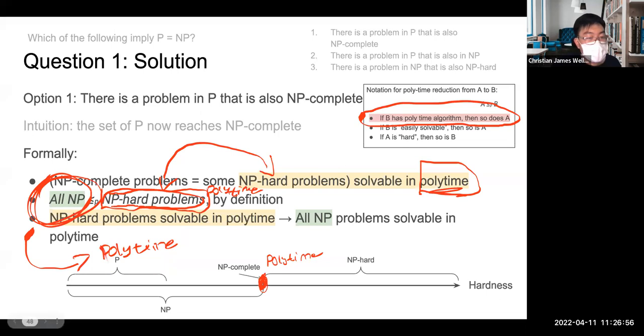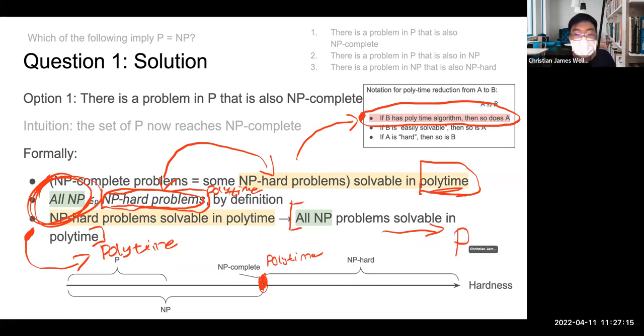If the last statement is confusing, it's just copy pasting this exact statement over here. Just piece things together. What is B? What is A? So now all the NP problems are solvable in polynomial time, and this is what it means to be in P. That is exactly the definition of P.